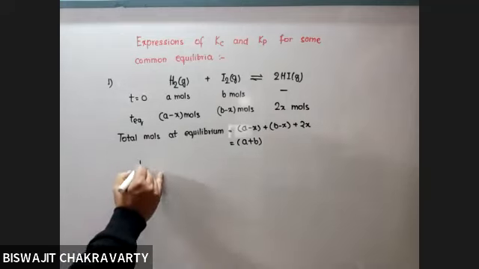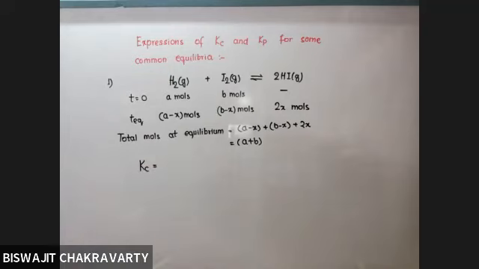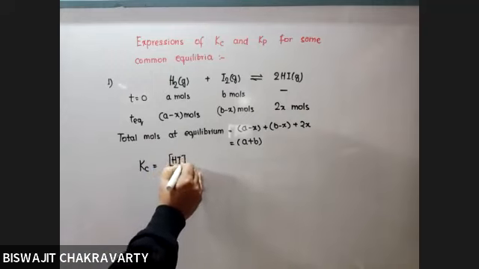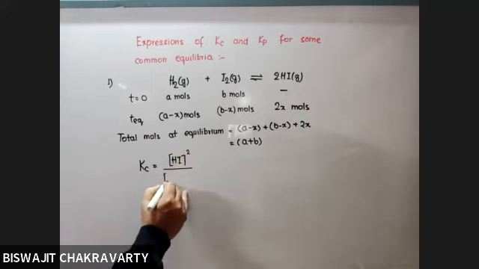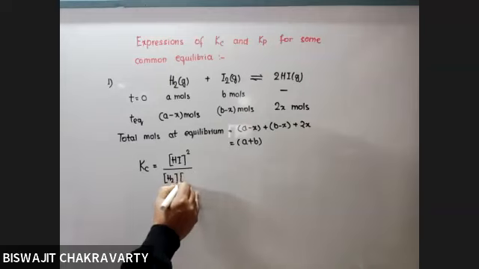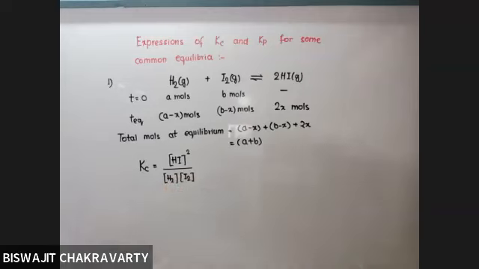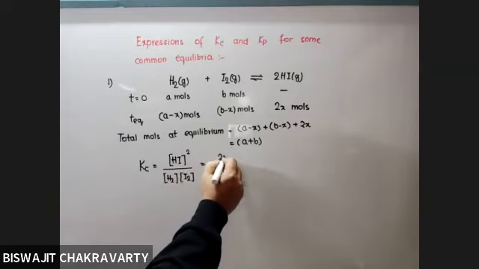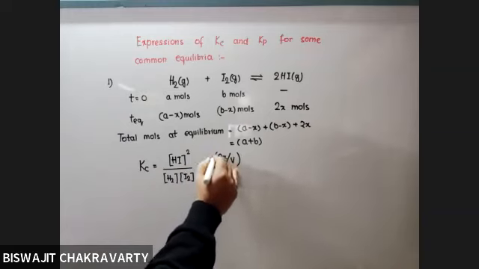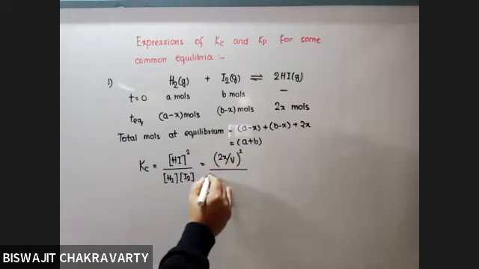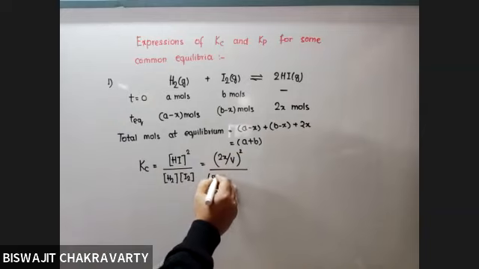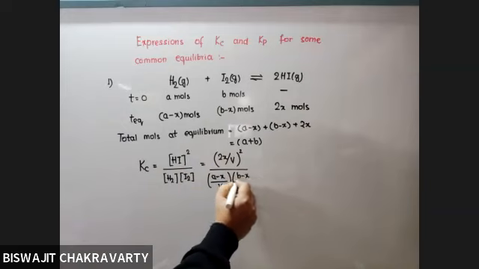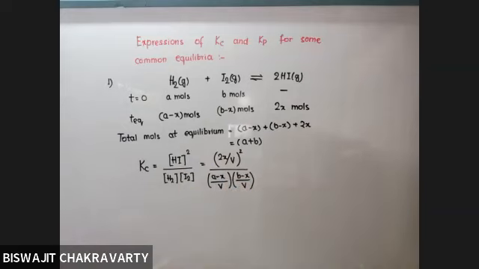let us write the expression for Kc. So we know that Kc will be concentration of HI squared, upon concentration of H2 into concentration of I2, which is equal to number of moles of HI by volume, number of moles of H2 by volume, number of moles of I2 by volume.